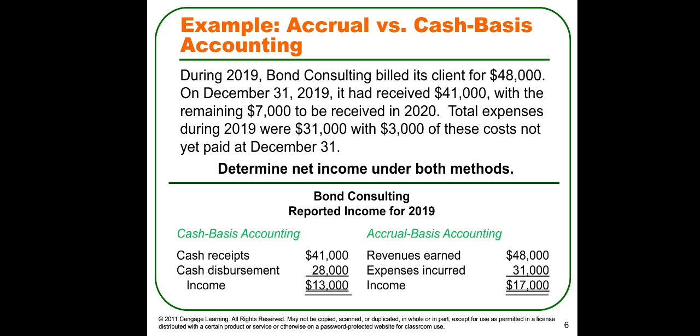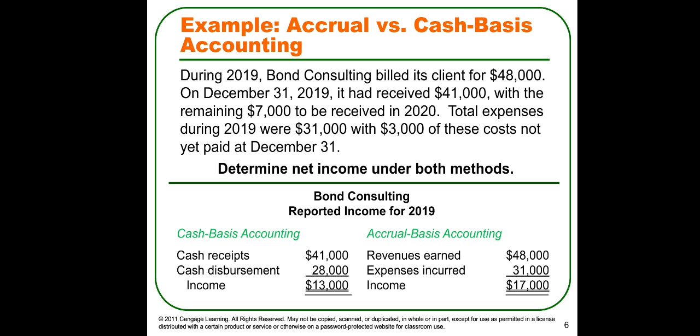The next thing in this slide is the calculation of profit using accrual basis accounting. Remember that in accrual basis accounting, you record revenue when the transaction happens, and you record expenses when the transaction happens. So revenue according to accrual basis accounting is 48,000. Why 48,000?